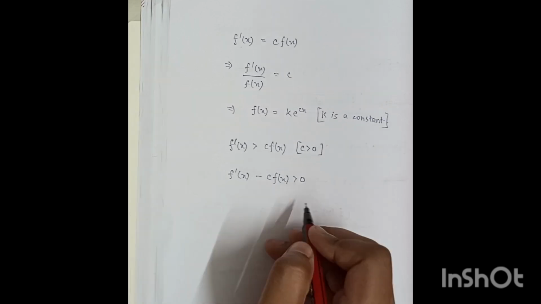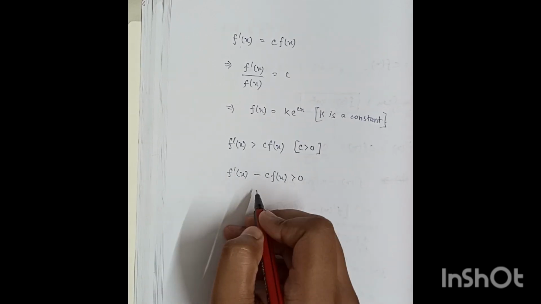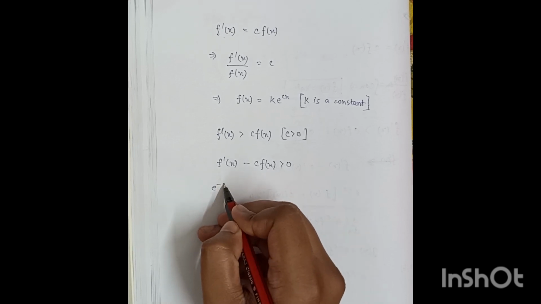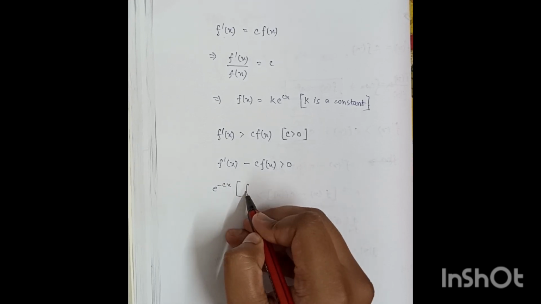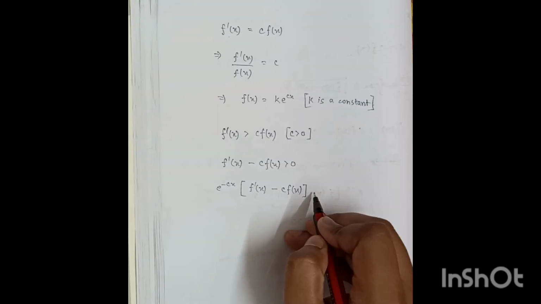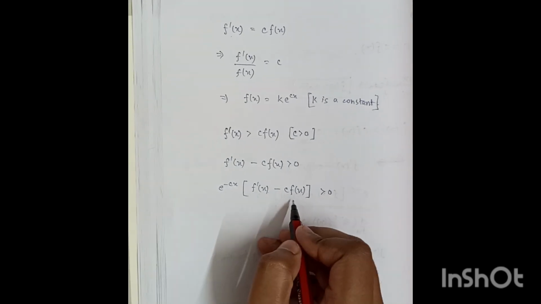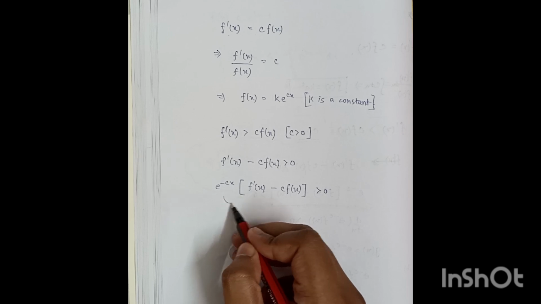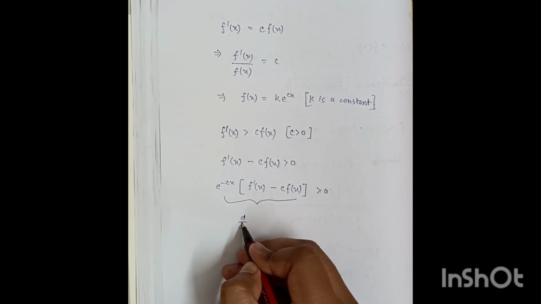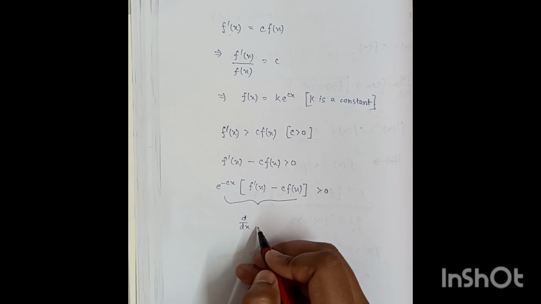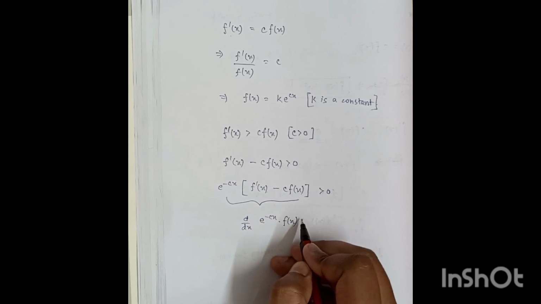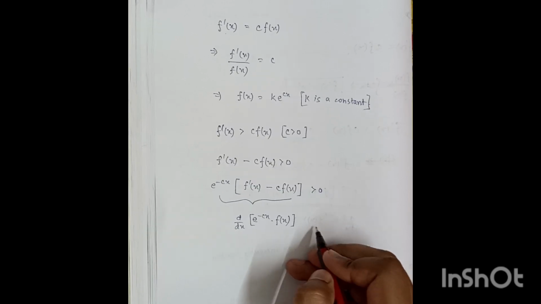Now we multiply both sides by an exponential term, which in this case will be e to the power minus cx. So we multiply both sides by this, and we can observe that this whole left hand side term is equal to the differentiation of e to the power minus cx times f(x) with respect to x.